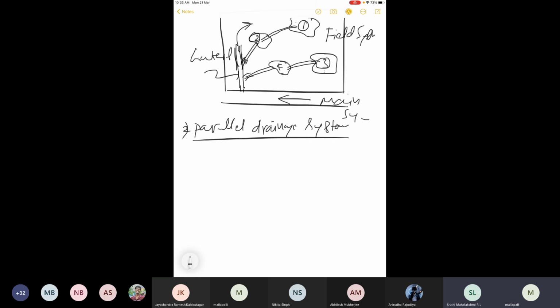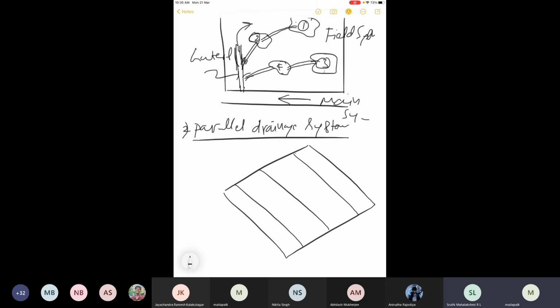In this case, you have parallel drains, field drains. Let's say this is the field, and you have parallel ditches, or parallel drains.